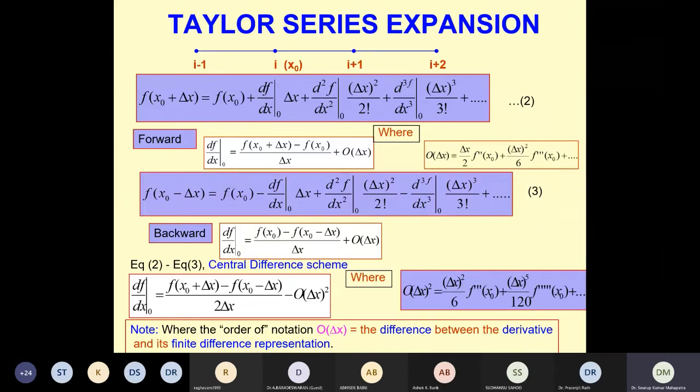We are bringing in errors that might be of order delta x or order delta x square, depending upon whether it is a forward scheme, backward scheme, central difference scheme or upwind scheme. So we are inviting a certain amount of error into our calculation.